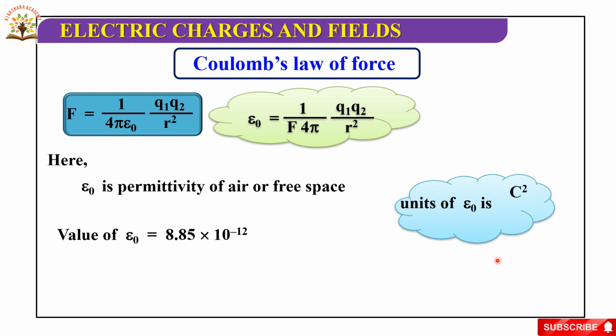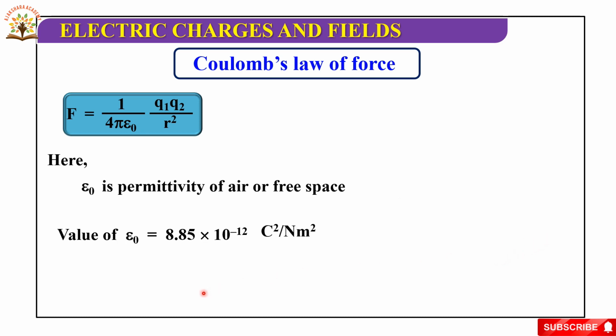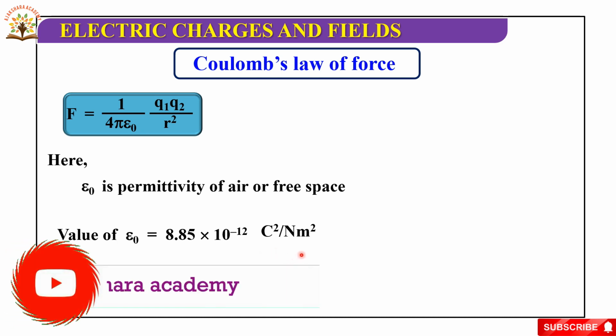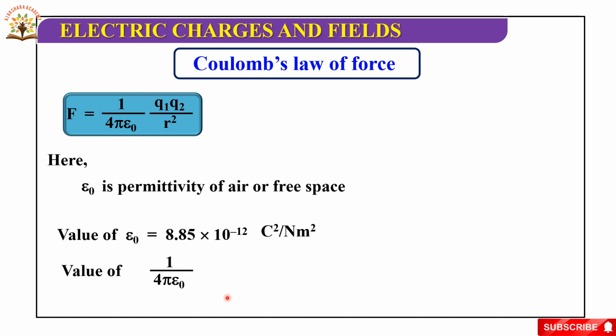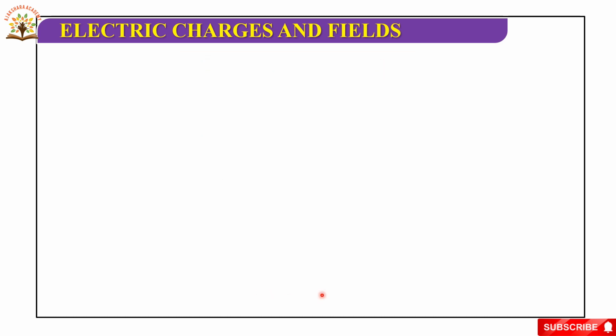Units of epsilon naught are Coulomb square per Newton meter square. Value of 1 by 4 pi epsilon naught is equal to 9 into 10 to the power of 9 Newton meter square per Coulomb square.